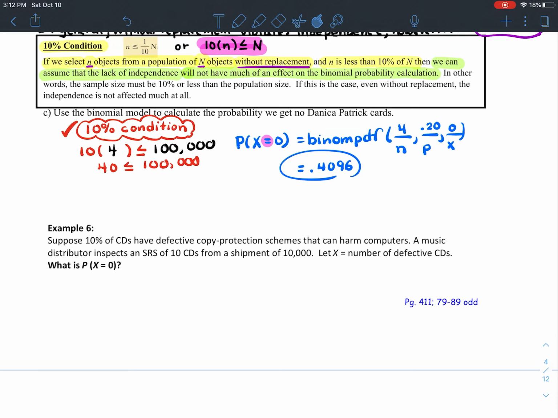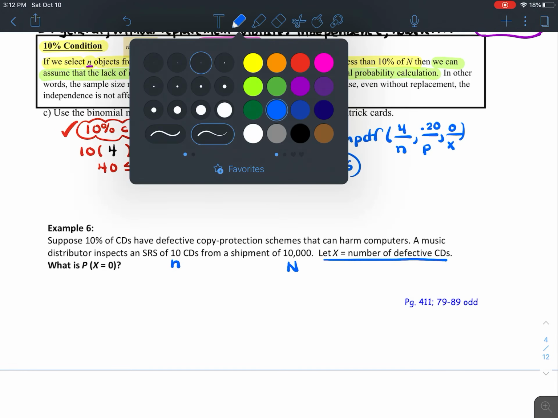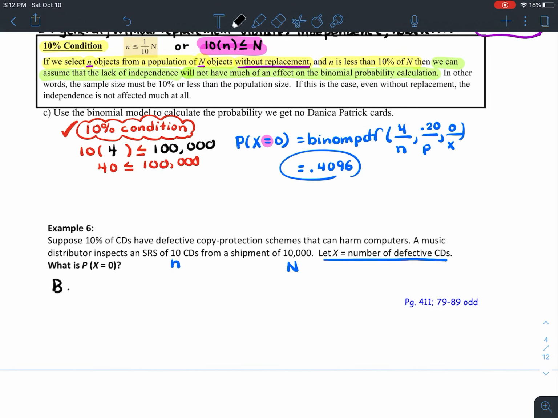It says, suppose that 10% of CDs have defective copy protection schemes that could actually harm computers. A music distributor inspects a simple random sample of 10 CDs, so that's my sample size, my lowercase n, from a shipment of 10,000, that's my population size, capital N. We're going to let X represent the number of defective CDs.